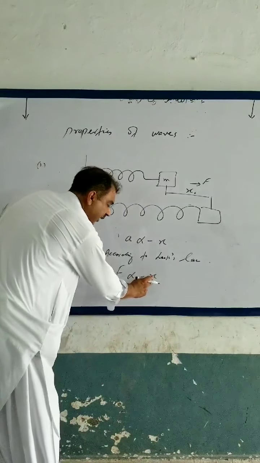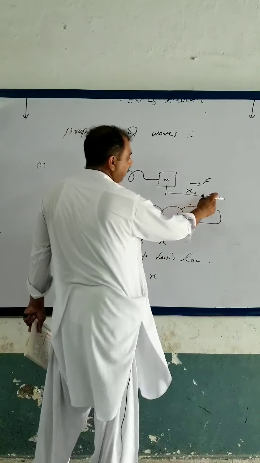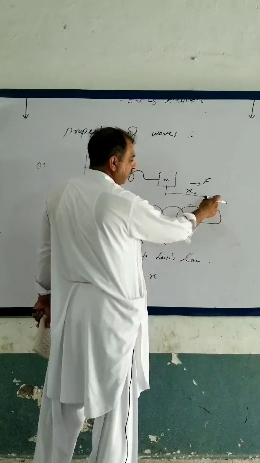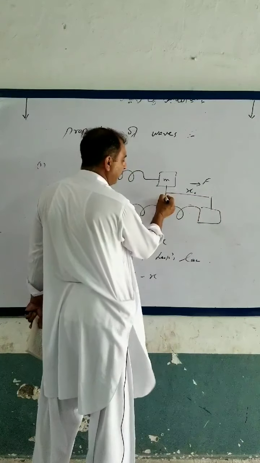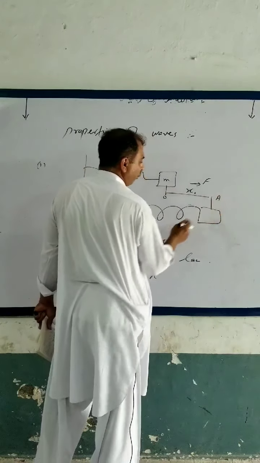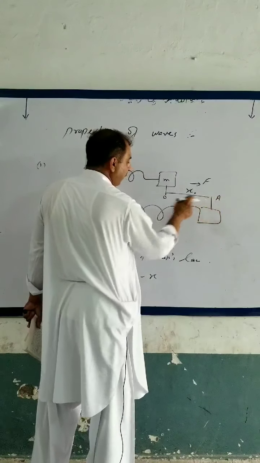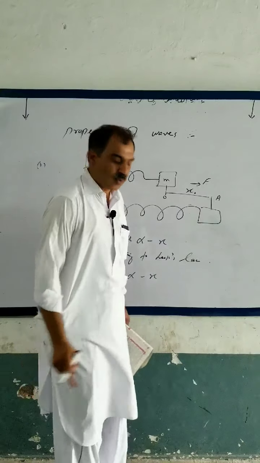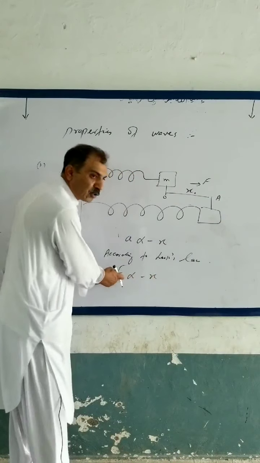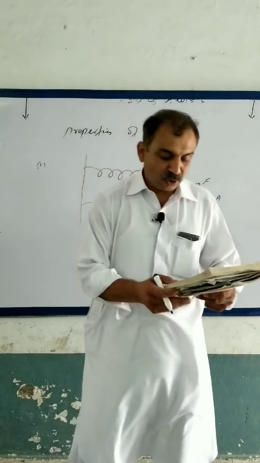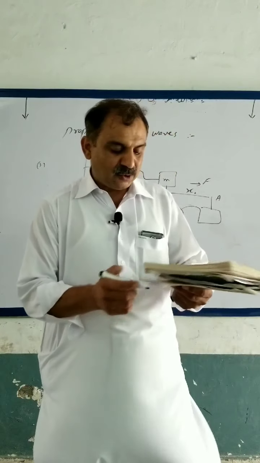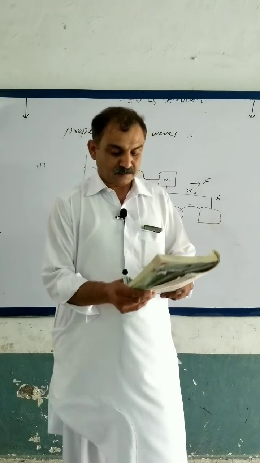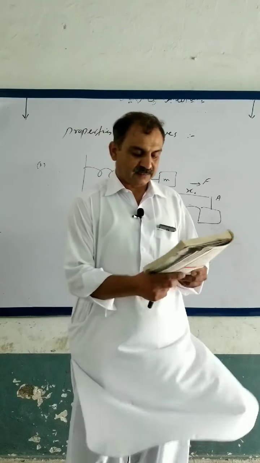If the displacement becomes zero, if the body comes to its mean point, when a body is coming from the extreme point A to the mean point O, at O the displacement will become zero. When the displacement becomes zero, the force will be zero. So the restoring force is zero if the body comes to the mean position. So this is the answer.